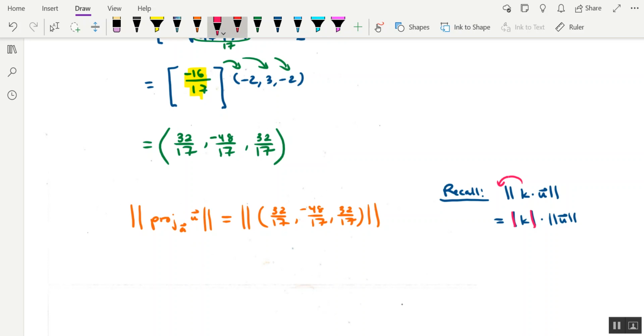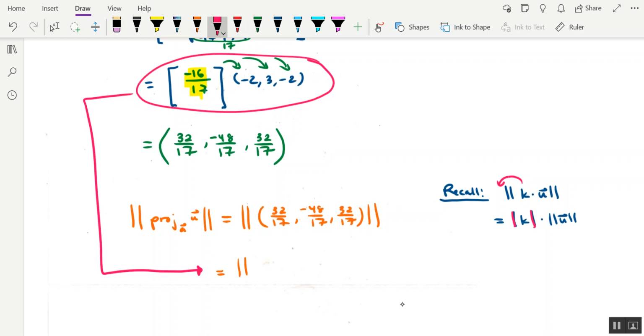Now, if we take a look up here, that's a rewrite of our projection vector. It's the step before we got to our final answer for its components. So what I'm alluding to is this. Let's use this version of the projection vector when we're calculating norm.